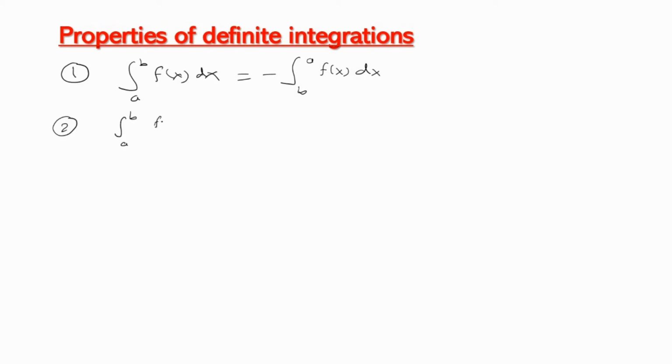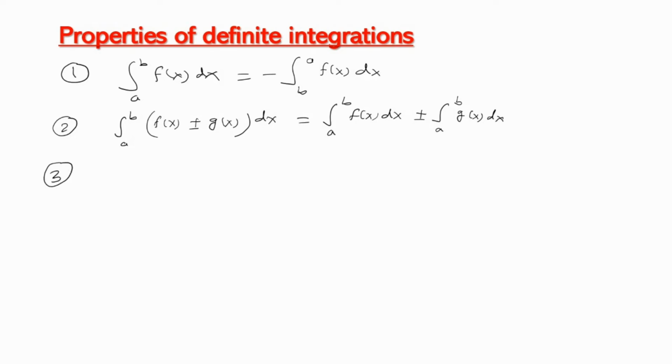The integral from a to b of f(x) plus or minus g(x) dx is the same as the integral from a to b of f(x) dx plus or minus the integral from a to b of g(x) dx.